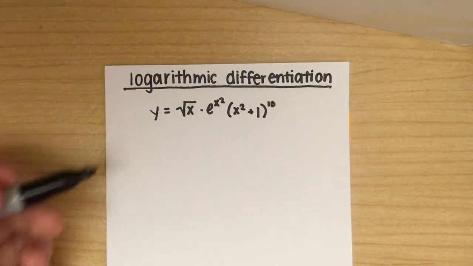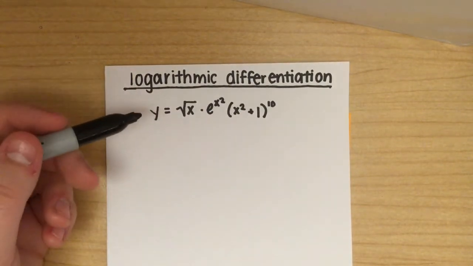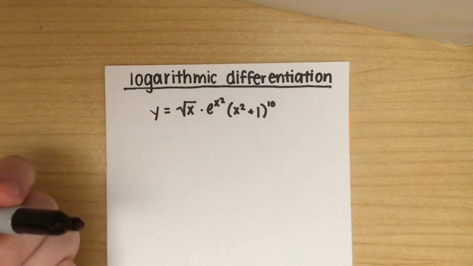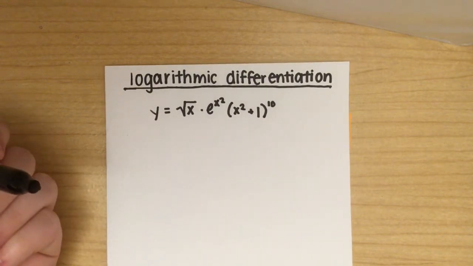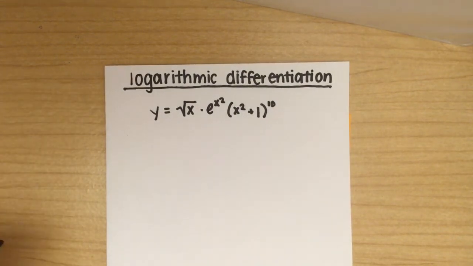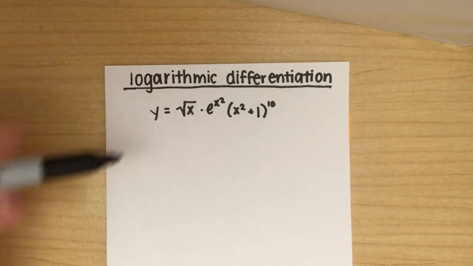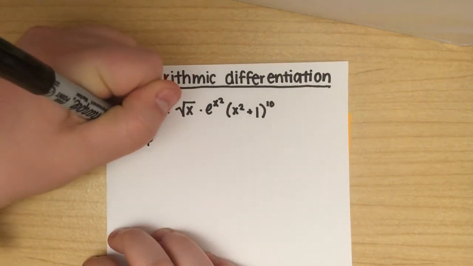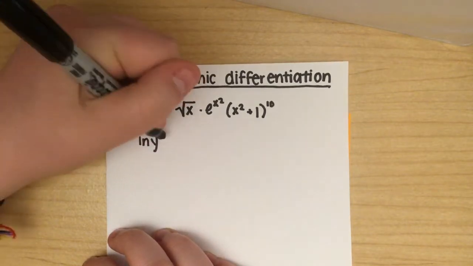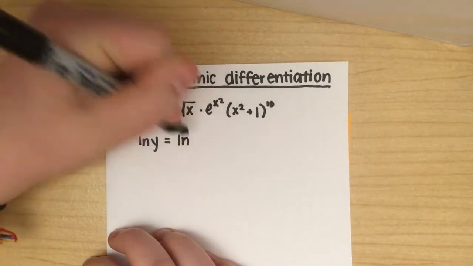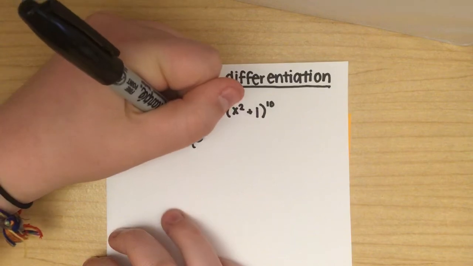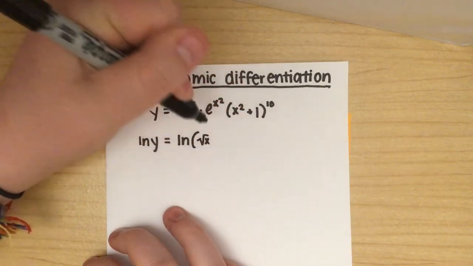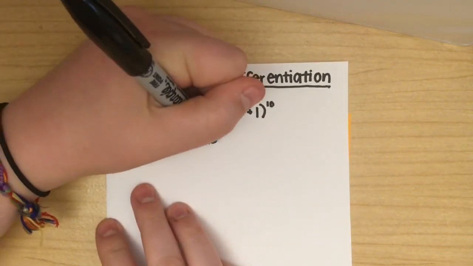So this is an example of a problem where you could use product rule, but it would be very long, and it's much easier to do logarithmic differentiation. So in logarithmic differentiation, you will take the natural log of the entire equation on both sides so that you can simplify things using the log properties.